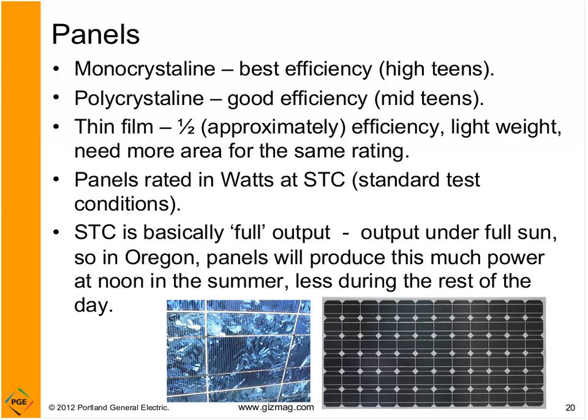There are three main types of panels: monocrystalline, polycrystalline, and thin film. The first two names get their derivation from the construction of the silicon that's used to make them. Monocrystalline is called monocrystalline because it's built from one big crystal. The panel on the right is an example of monocrystalline.